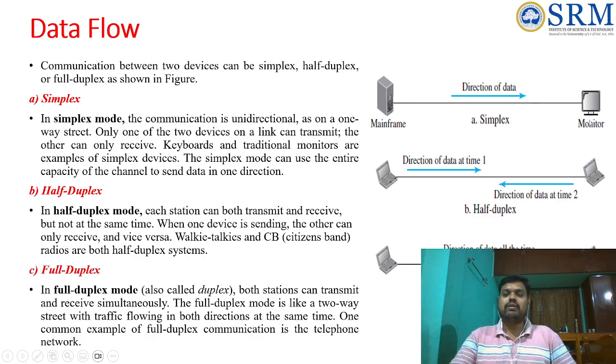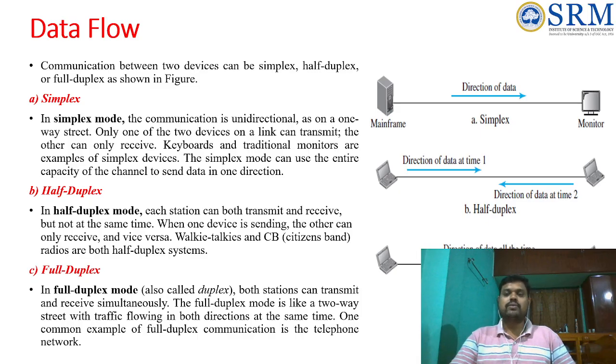Whereas in half duplex, data will move in both the directions, but not at the same time. Only one can speak at a time. The best example is walkie-talkies, where only one person can talk at a time, right? Once the person completes his speech, another person will take over the control using the knobs or buttons.